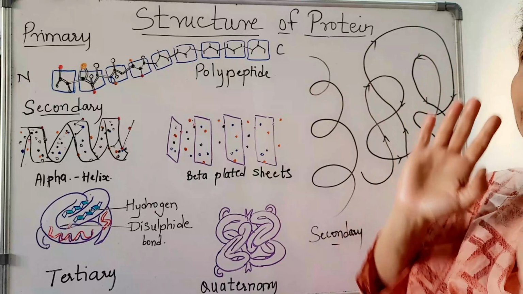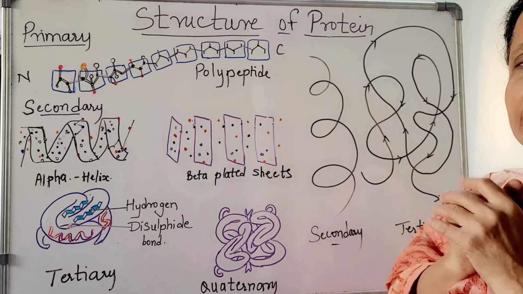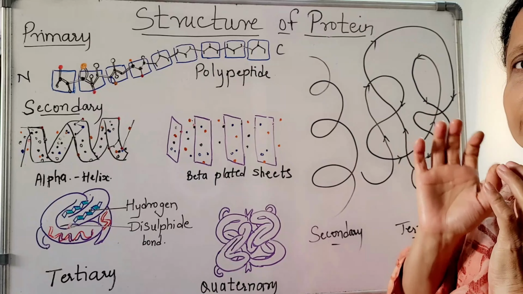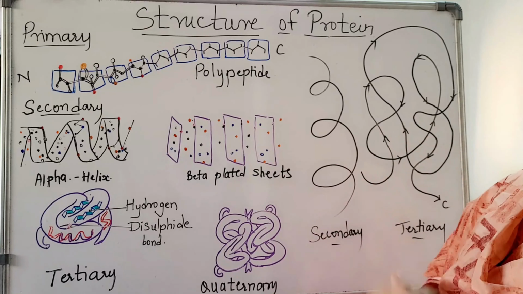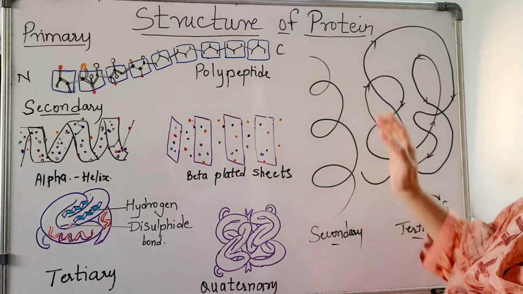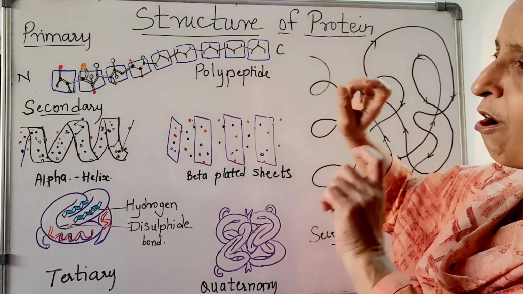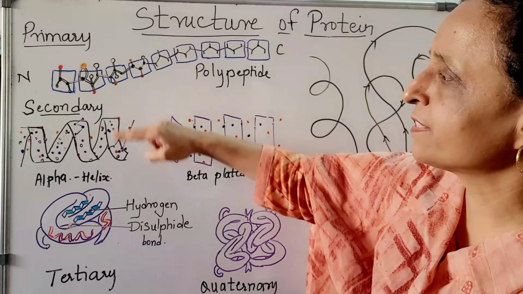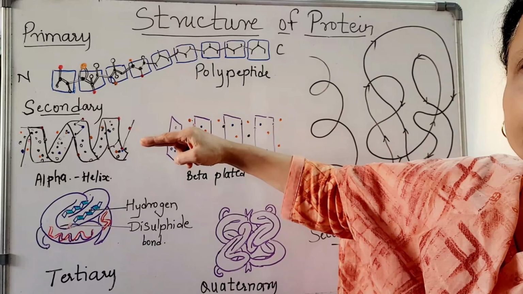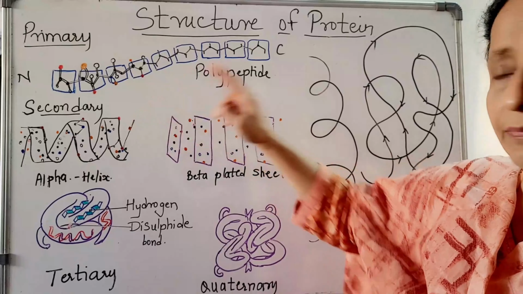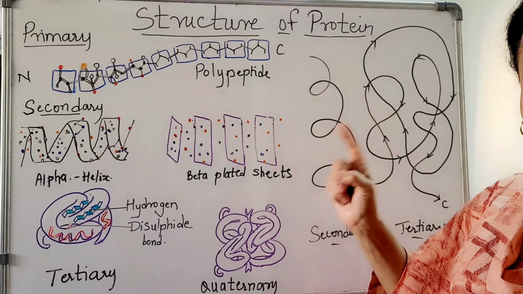Now the full protein won't be secondary, only a part on the right-hand side will be a secondary structure. So this is how it will lead. This primary, a long chain, will form a helix. This is the alpha helix.